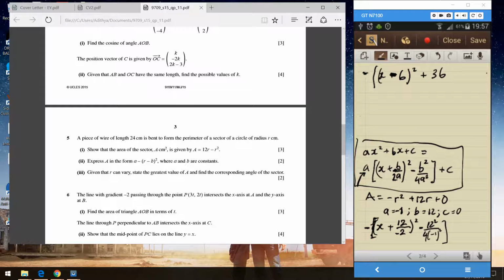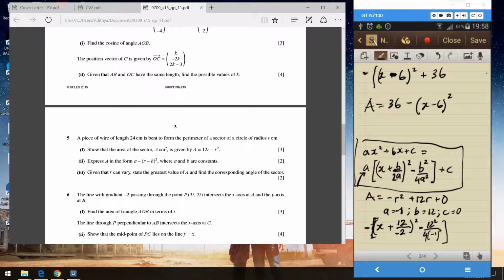So finally the area is equal to 36 minus r minus 6 squared. You can expand this just to make sure that it's correct.